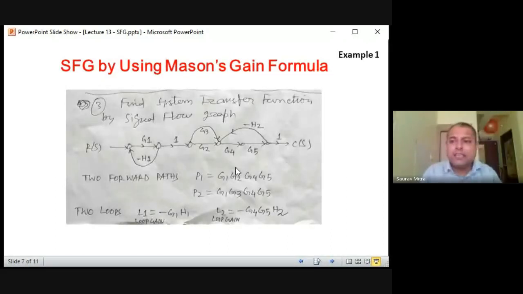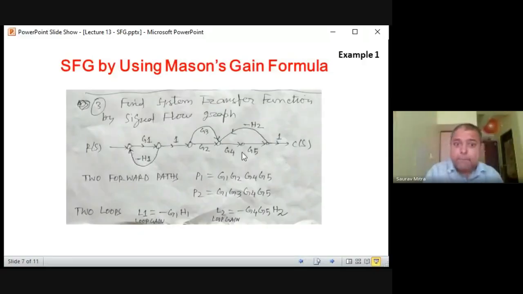Generally we don't have such big systems. For this numerical, there are only up to two non-touching loops, because there are two loops and both are not touching. So the term that comes, which I have shown on the next page, is this loop gain and this loop gain and their multiplication. Why? Because they are not touching. If they were touching, that term would not have come.